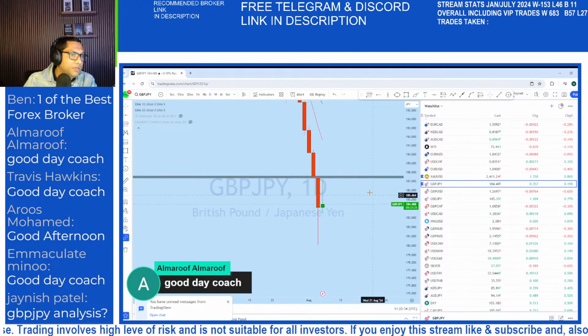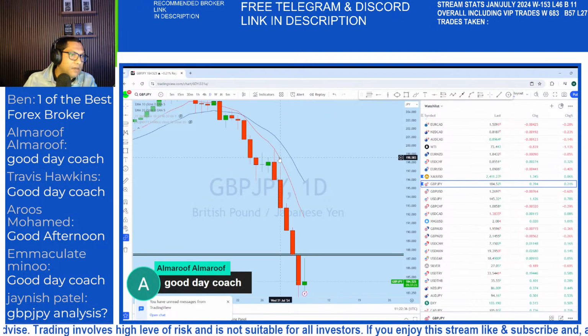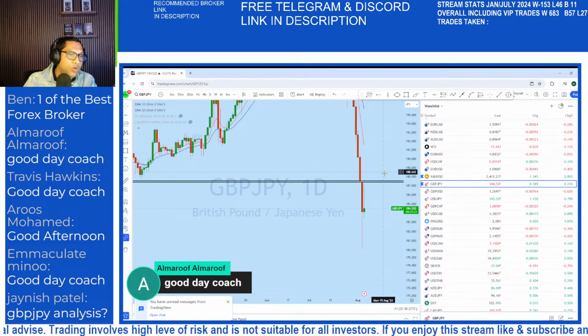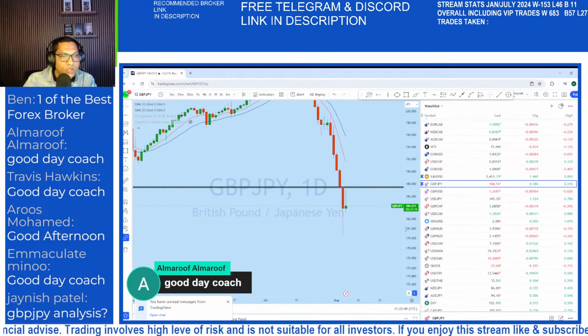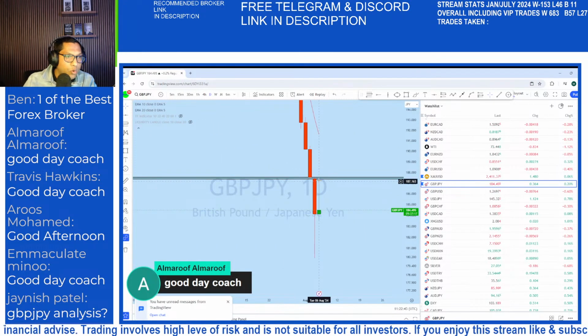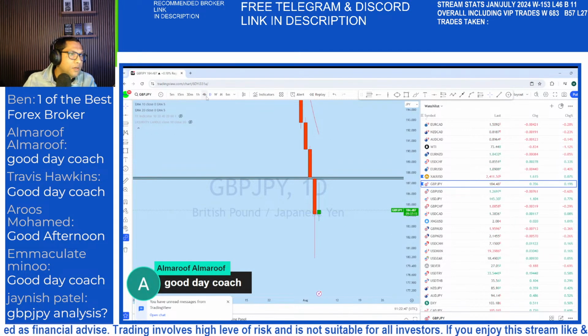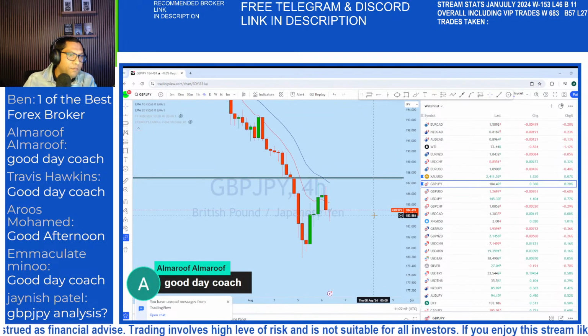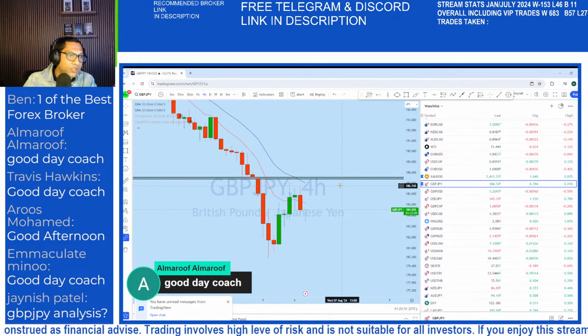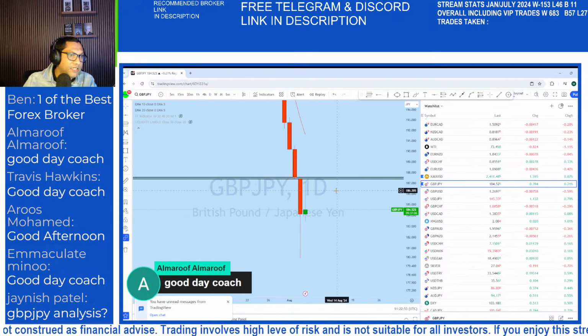Now GBPUSD, there was a massive drop that we have seen due to the JPY. Today we have seen a significant pullback, and the candle is almost at the daily support from the lower time frame. Okay, so this is the daily resistance.